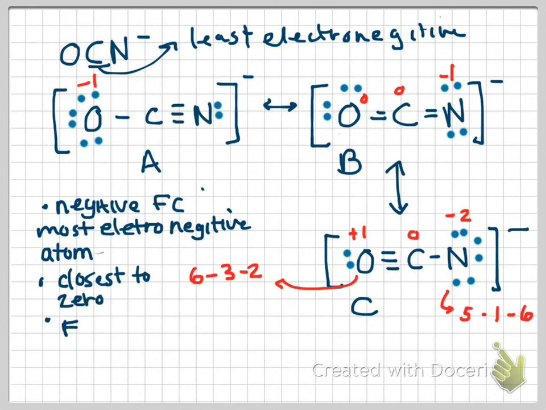Formal charges 2 or greater tend not to exist. They don't tend to be very stable.